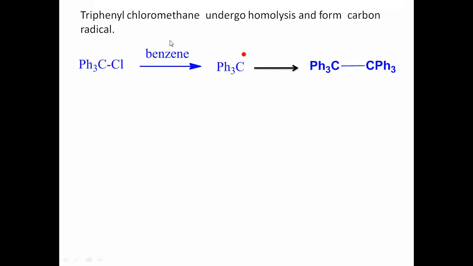It forms a Cl radical here, and this radical will also form. That Cl may combine with Cl and form chlorine gas. This radical combines with another radical and dimerization takes place. It's a dimer formation.